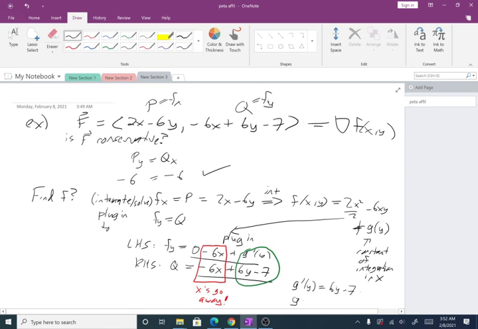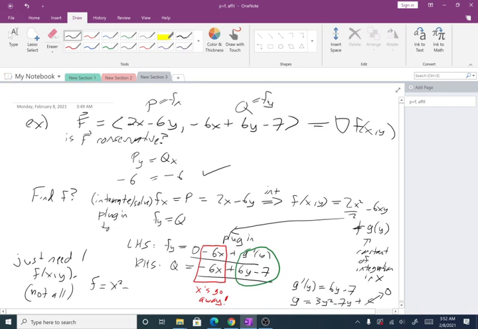So g is 3y squared minus 7y plus a constant of integration. And I'm going to call that 0 because we just need one f of xy, not all of them. So we conclude that f is x squared minus 6xy plus g.